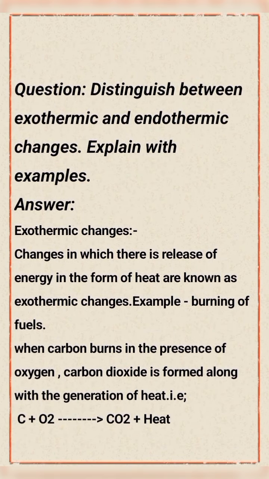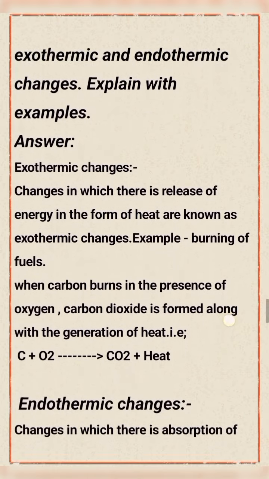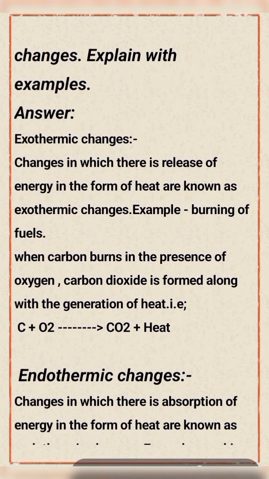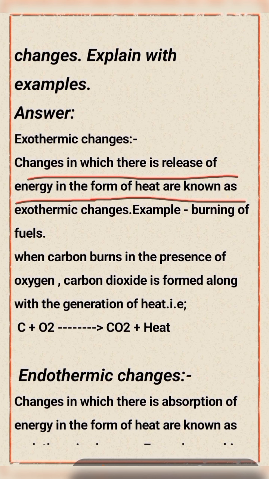Next question type, distinguish between exothermic and endothermic changes, explain with an example. Okay, my dear viewers. At first, exothermic changes. Changes in which there is release of energy in the form of heat are known as exothermic changes.